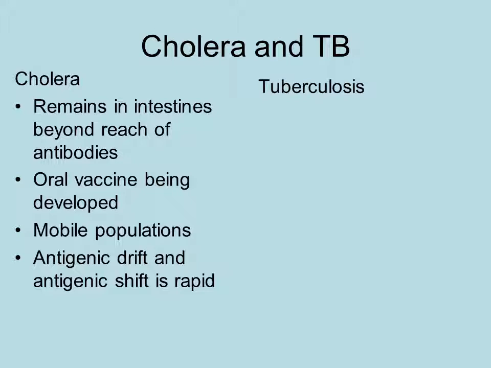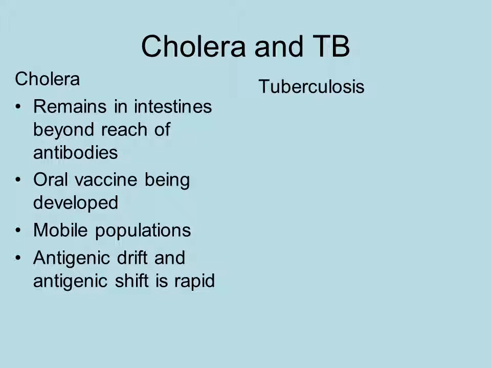So they've also given an oral vaccination, which would mean that the antibodies and the antigens were actually being introduced into the intestines, and it also makes it very much easier to administer to people.